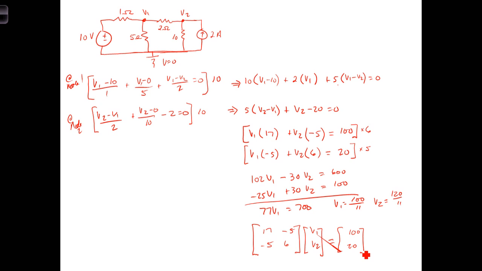And so if this is your A matrix, and this is your B matrix, the matrix of V1 and V2, we can write that. Let me just write it up here. I'm running out of room. We could then write the matrix V1, V2 is equal to A inverse times B.